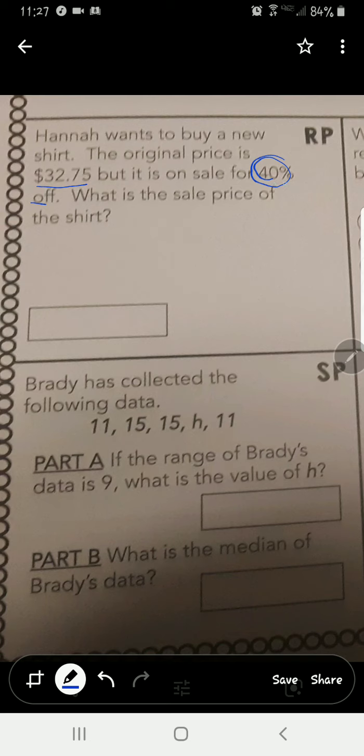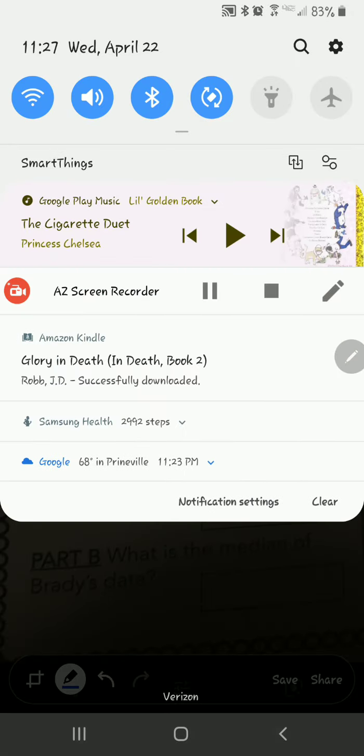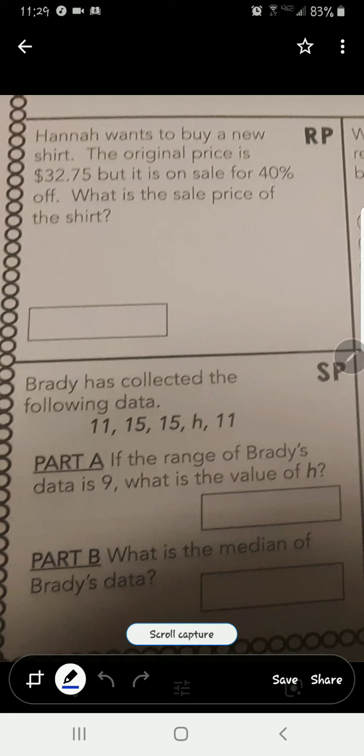So 40% is how much is off of the original price. But we want to find what the sale price is.